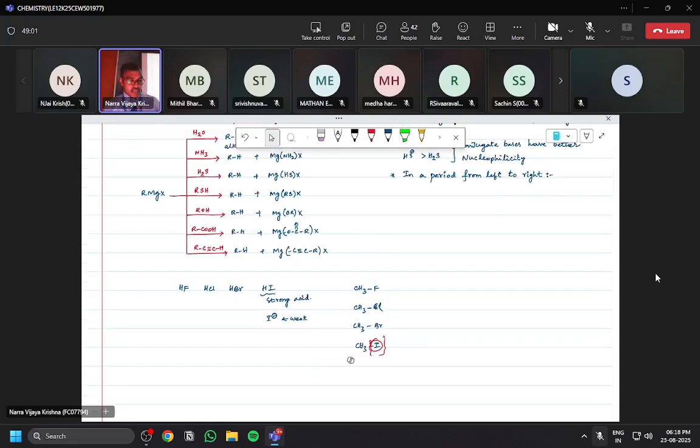I think we discussed this statement. Where have we seen this in reaction mechanism? I have posted the reaction mechanism notes.